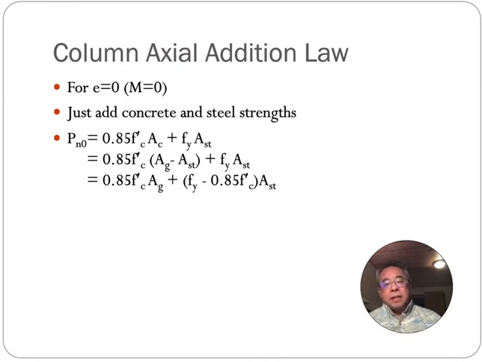And if you just collect the area of steel terms, you get that equation on the bottom. 0.85 f'c times the gross area, b times h, plus Fy minus 0.85 f'c times the area of steel. And this will give you the pure axial strength of the column. Okay, so if the load was going straight down the middle of the column with no eccentricity.